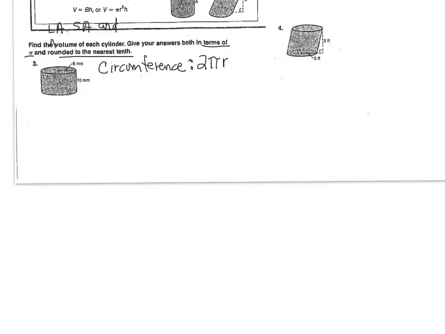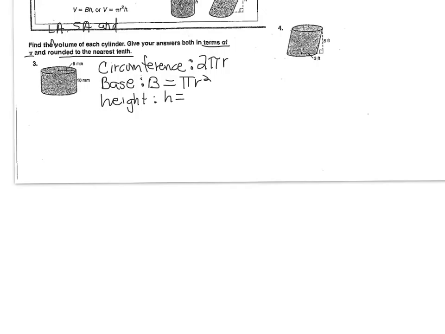And we need here the area of the base. Since the base is a circle, the formula would be pi r squared. And we need the height. This is the height between the two circles, the two bases. That would be the h.